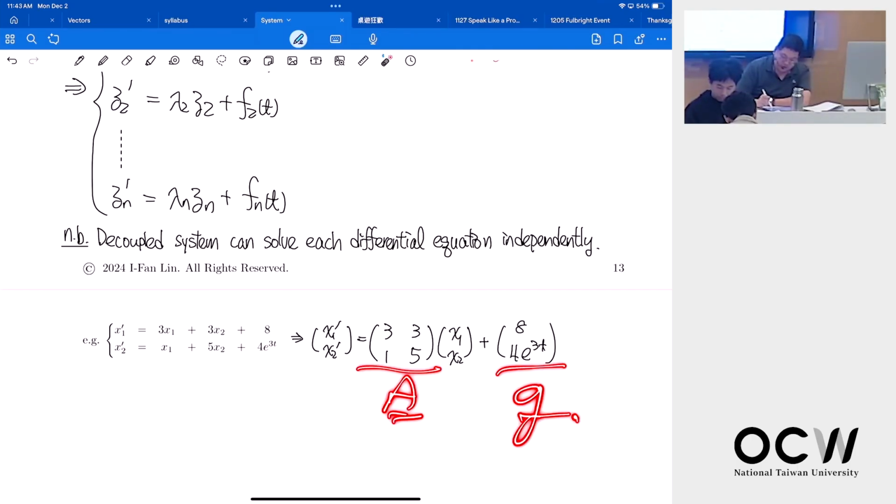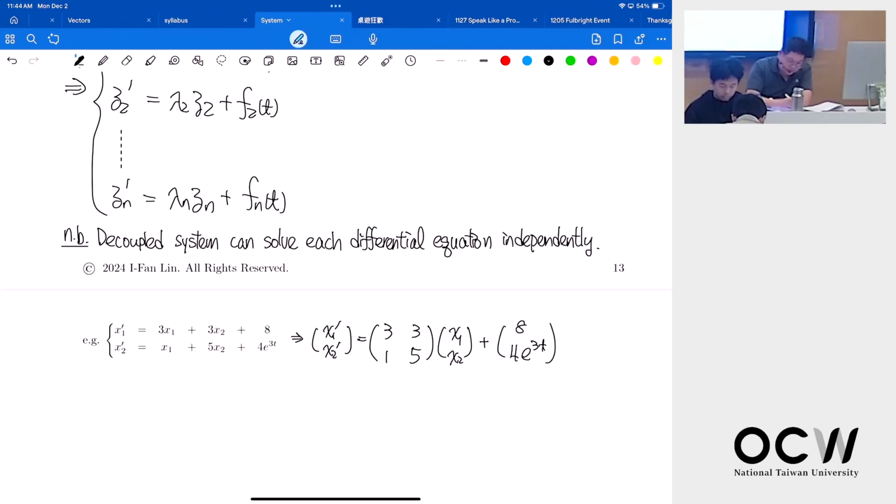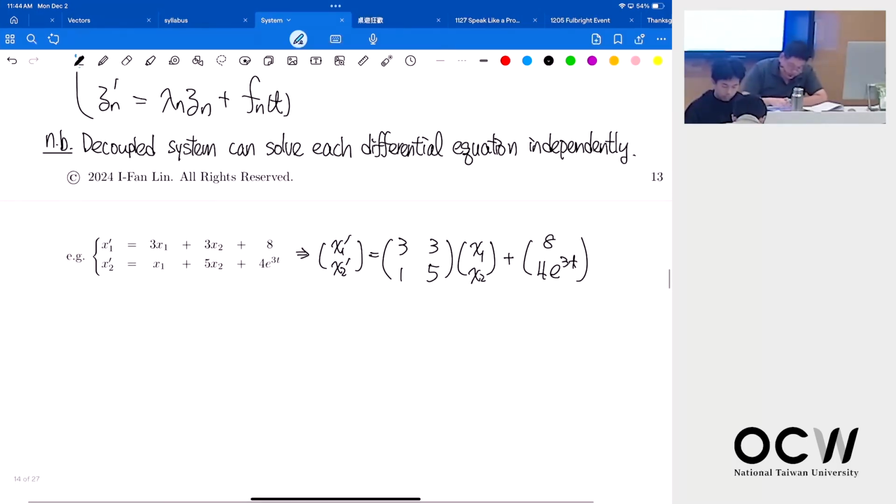Again, this is a non-homogeneous system. So to use the diagonalization method, we still need to find the eigenvalues and eigenvectors of this matrix A first.